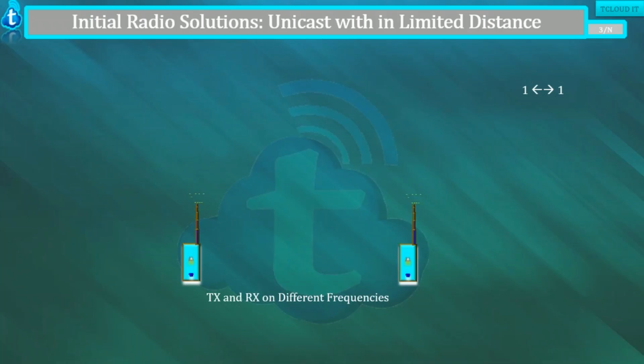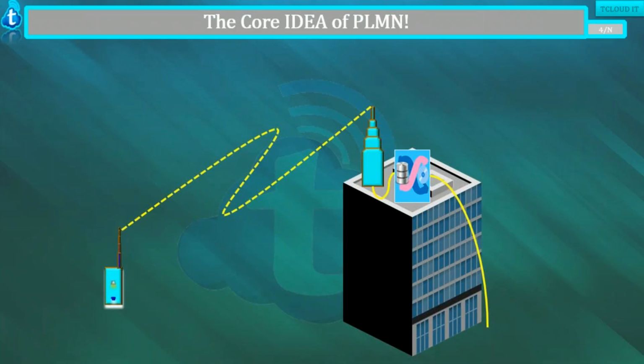Then what could be the solution? How can we build a solution with this? So then they started thinking about the actual solution. They thought: we'll have the device, and the device will try to send the information using the radio signal, which will be received by a radio antenna on top of a building.